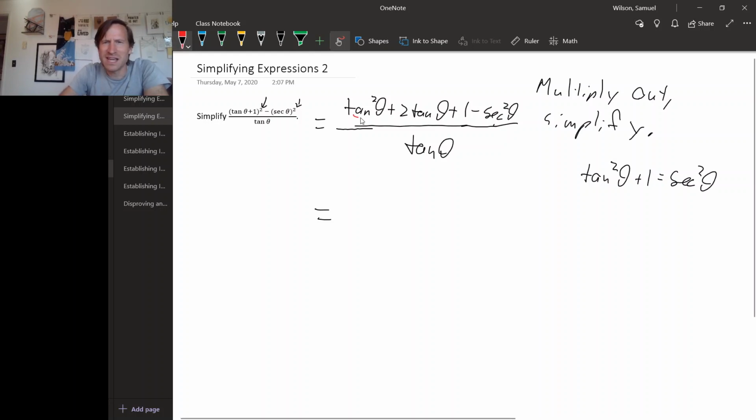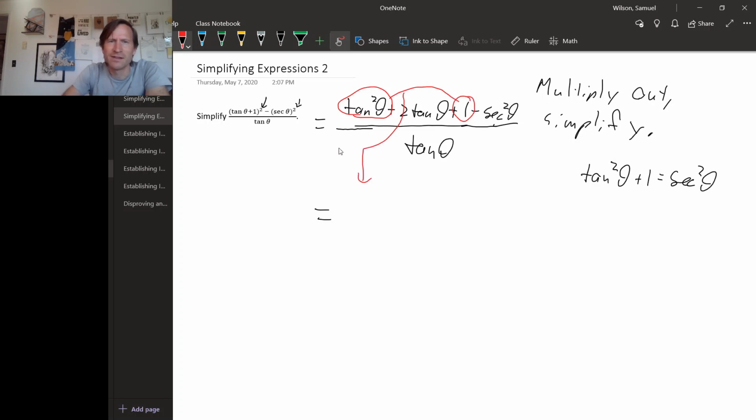And look, we have a tangent squared theta plus 1 right here. So together, those pieces give us a secant squared theta, plus 2 tangent theta, and then minus the secant squared theta that we had to begin with, all over tangent theta.